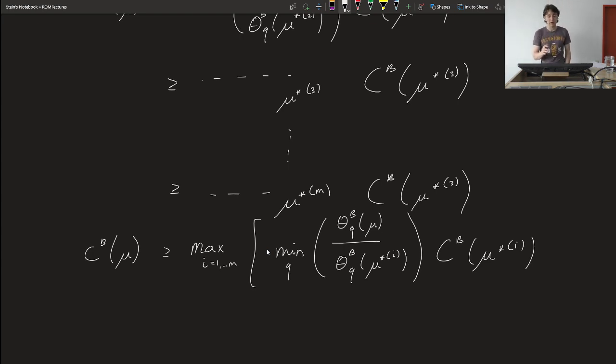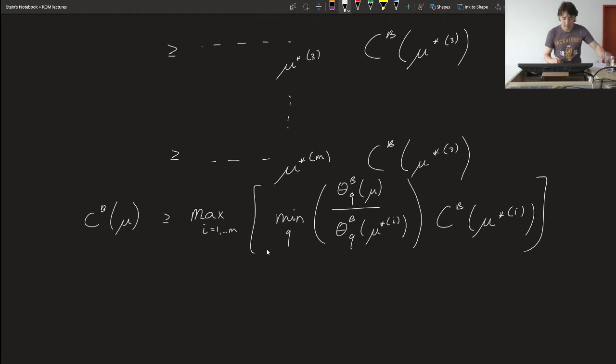So I'm going to take the largest one of my lower bounds. And the name that we have for this quite clearly is the multi-parameter min theta approach.